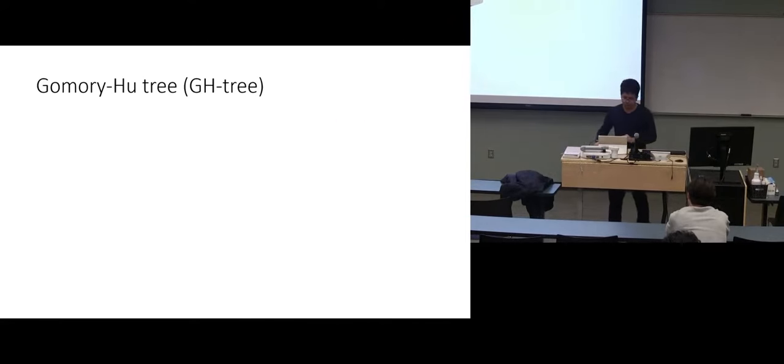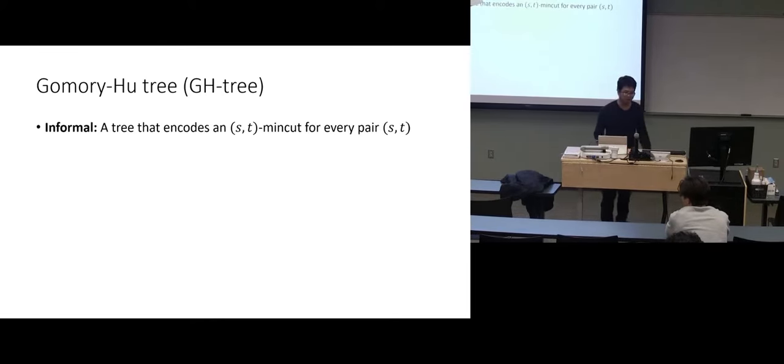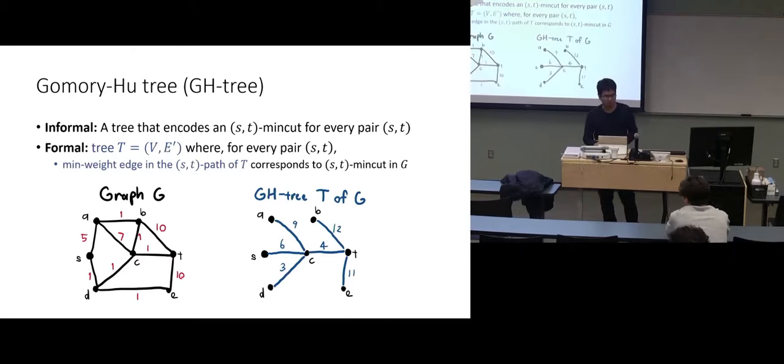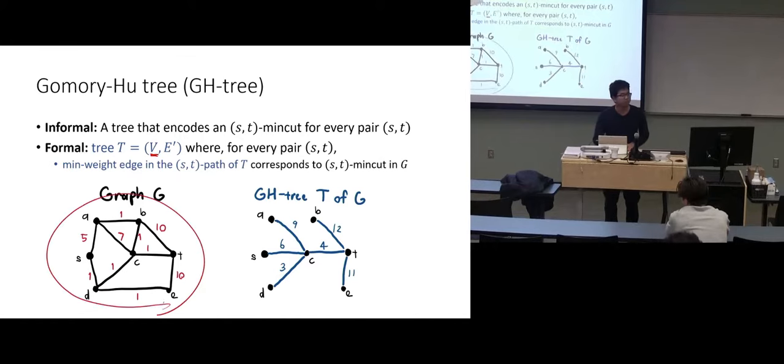Okay, good. So now I want to tell you about a very cool object called the Gomory tree. It's even surprising that it exists. Informally, it's a tree that can encode an ST min cut for every pair, not just for one pair, for every pair ST. So now let me be more formal. It's a tree that shares the same set of vertices as the graph.